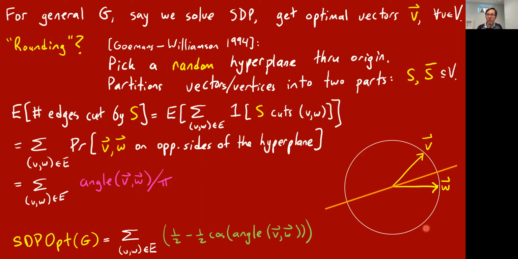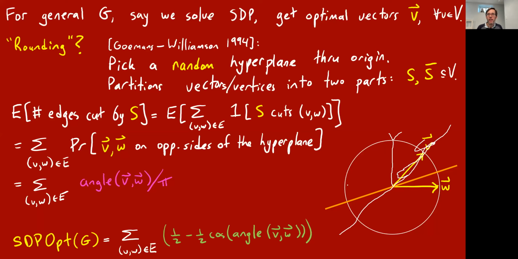Once you get down to this 2-dimensional case, I think that should make sense, right? If V and W were at angle 0, then the probability that this hyperplane would split them is 0. And if V and W were at angle 90 degrees, like V was this, then the orange line would split them only if it was going like this, so it's a 50% chance.